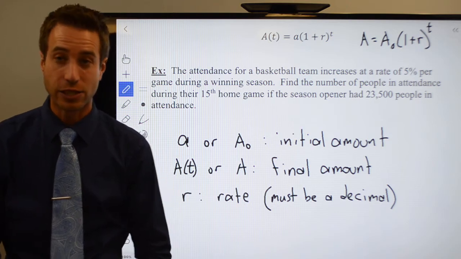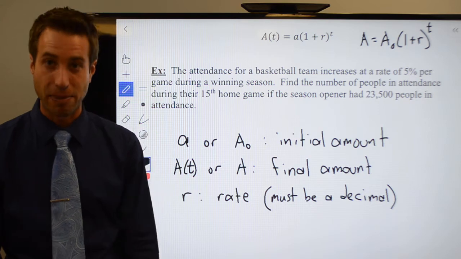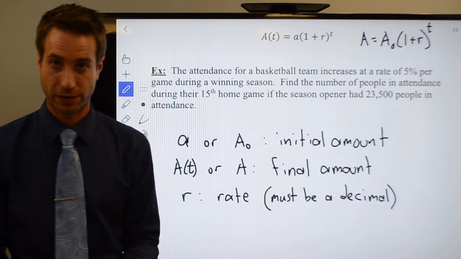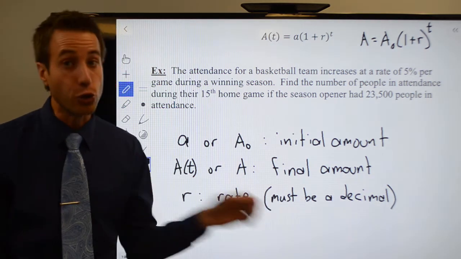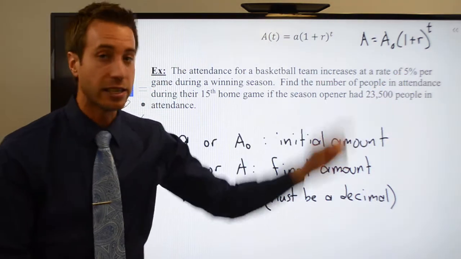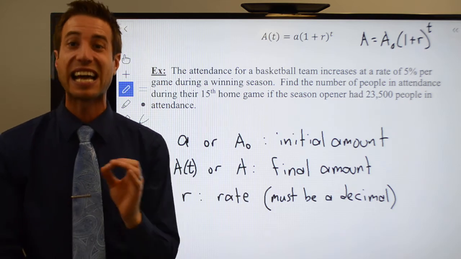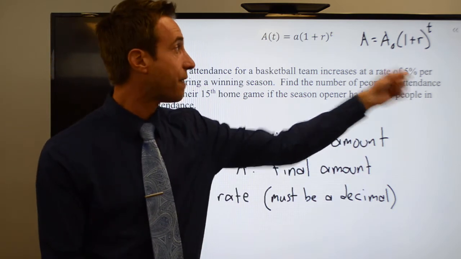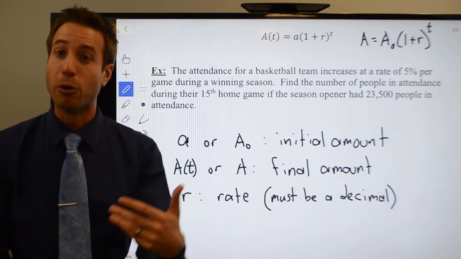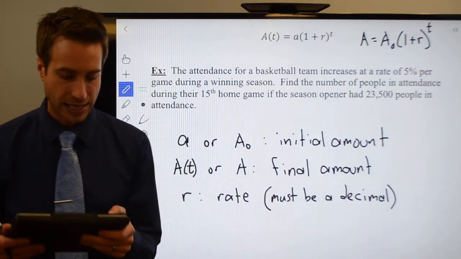Which is very easy to do, right? To convert a percentage to a decimal, you just simply divide by 100. Or take the decimal point, move it 2 spots to the left, all right? Really easy, but you've got to remember to do it, all right? If you just plug 5 into the formula, you're not going to get the right answer. But on my multiple choice test, I guarantee you that I'll take 5, I'll plug it in, and whatever number you get, that will be one of the answer choices. I will be checking to make sure that you remember this. You've got to convert the rate to a decimal, all right?